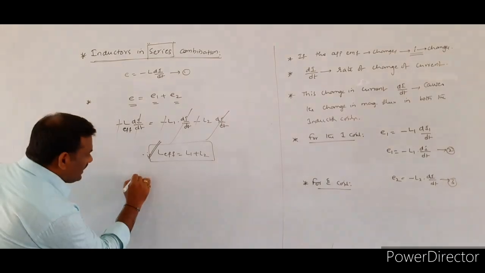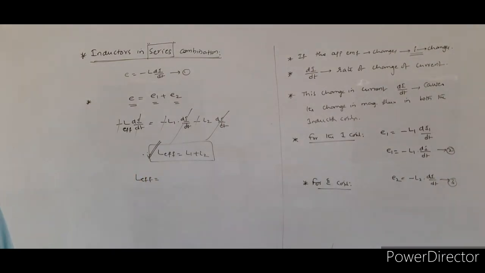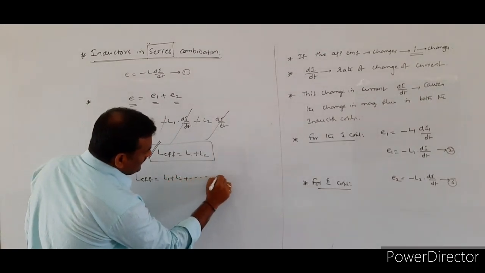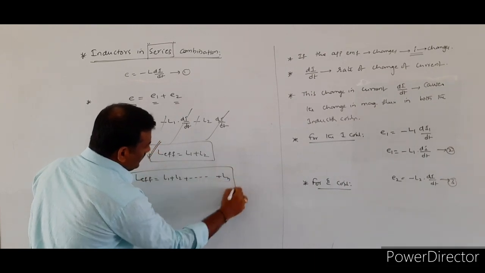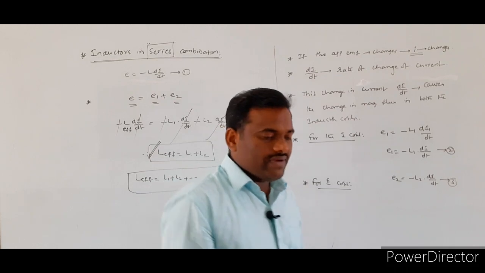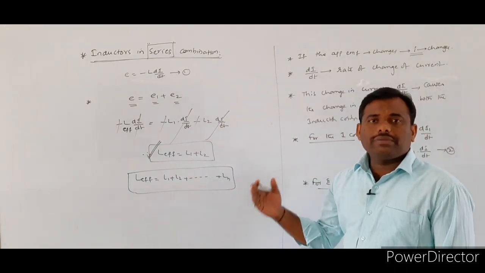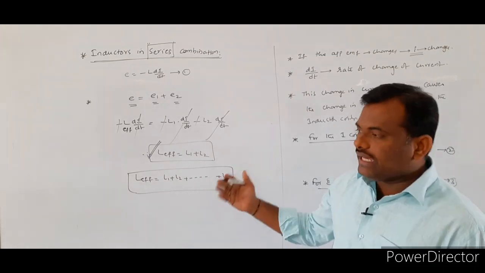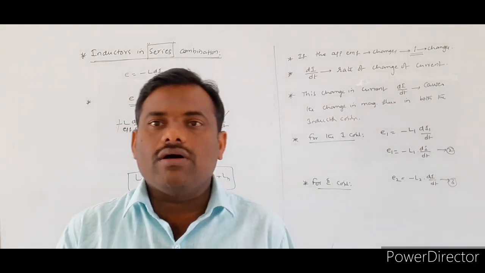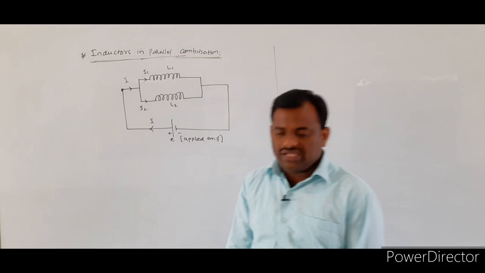Suppose you consider n number of inductor coils connected in series combination. Then the effective inductance is L effective equal to L1 plus L2 and so on up to Ln. So this is the concept of inductors in series combination. Next topic, inductors in parallel combination.